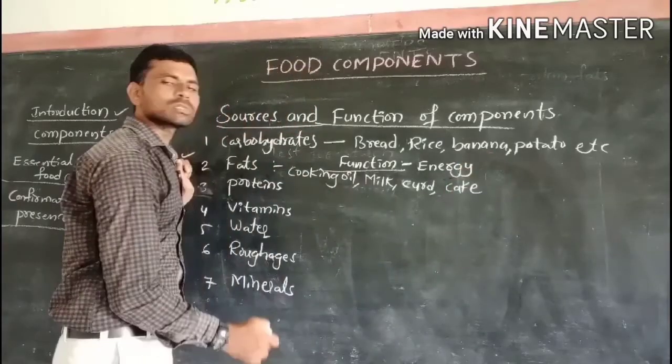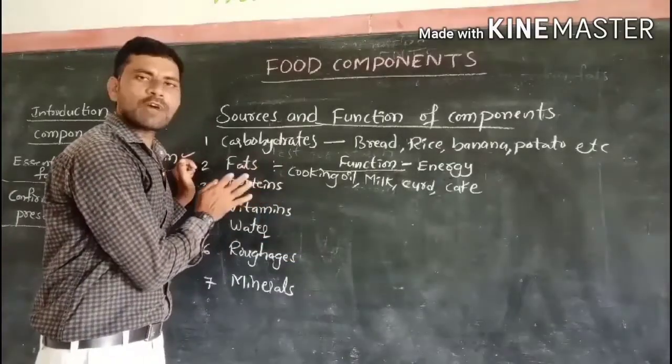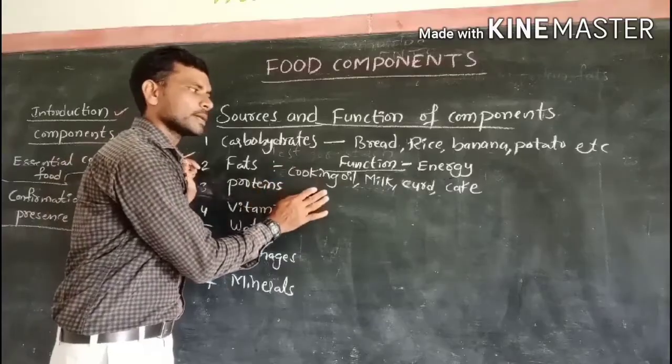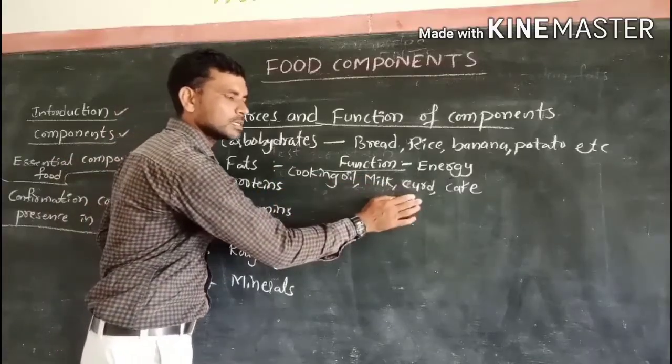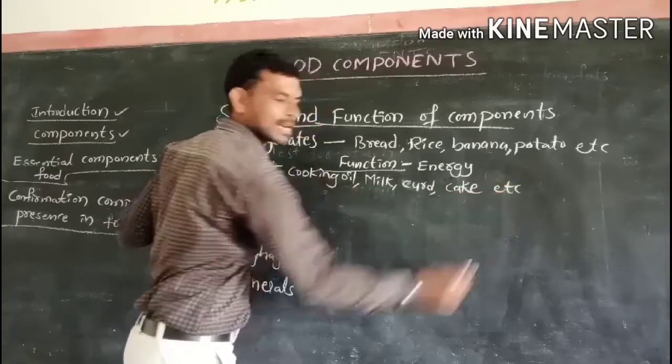So these are the sources of fats. What are the sources of fats? You can say food items like cooking oil, milk, curd, cake, etc. So these contain fats.